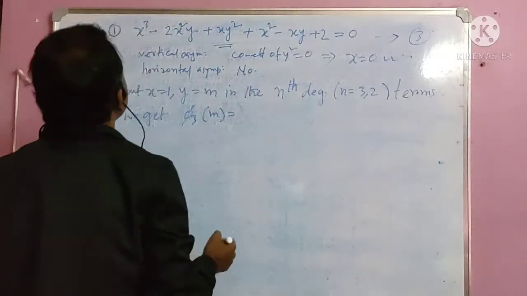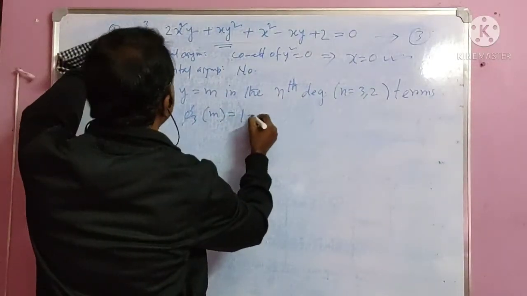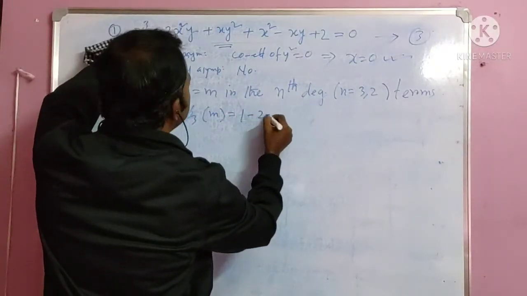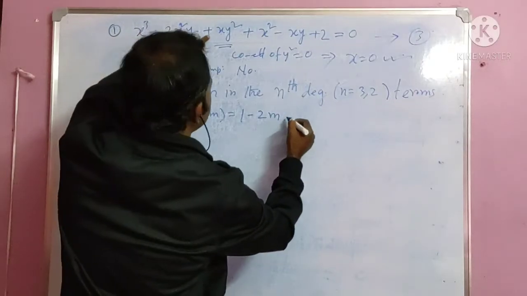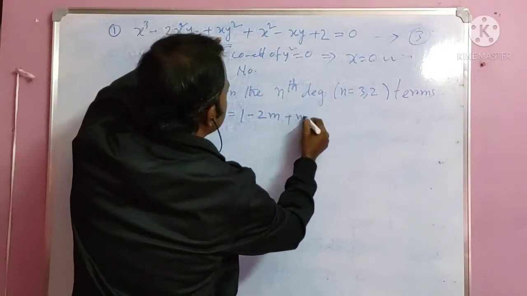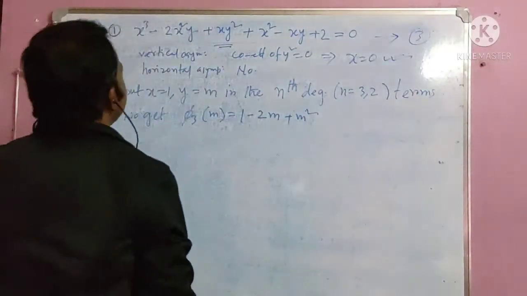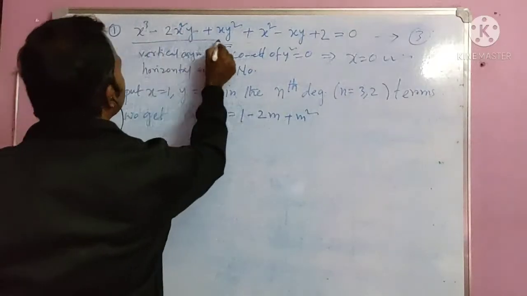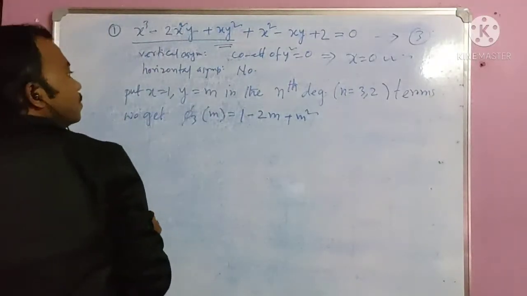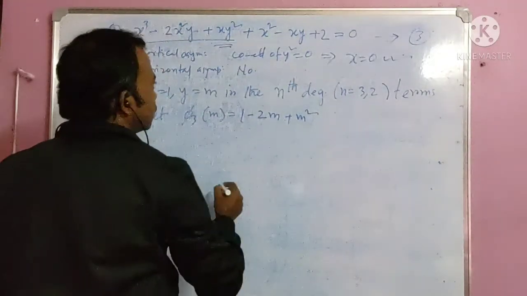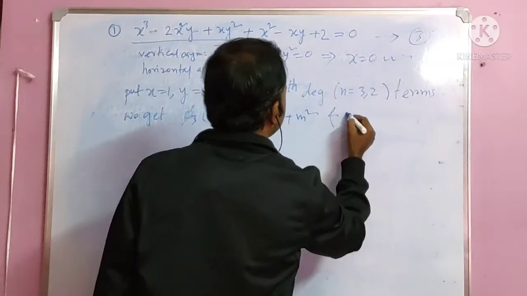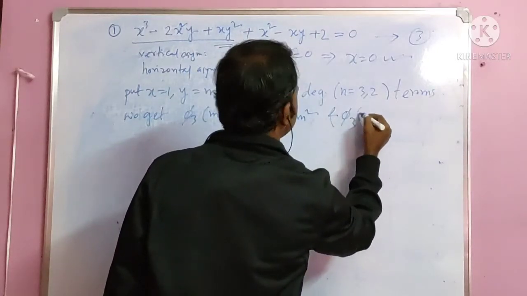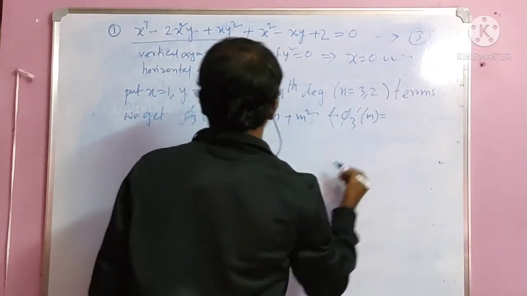Phi 3 m equals to 1 minus 2m plus m square. Okay, this is our phi 3 m. We will take the derivative phi 3 dash m later.